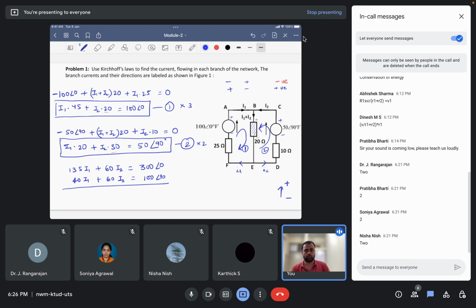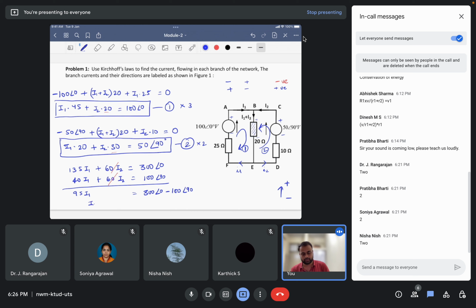So let us subtract both the equations, 1 minus 2. So this is 95 I1, the 60 I2 term gets cancelled out. So this becomes 300 angle 0 minus 100 angle 90.